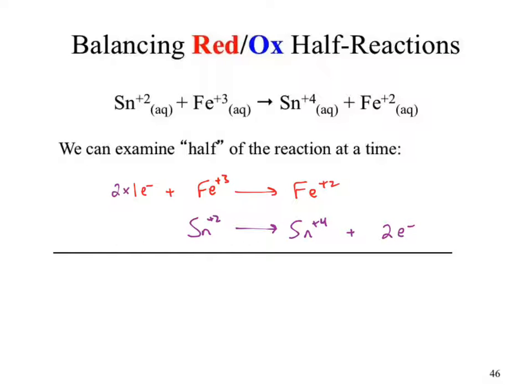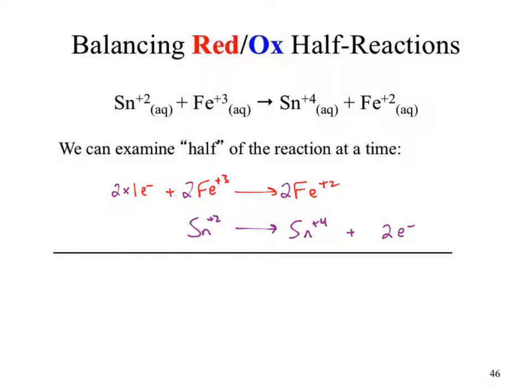If 2 electrons go in, how many irons do I need? I would need 2 iron +3s. How many irons would I need to produce? 2. So I'm multiplying by coefficients to get them to balance out.